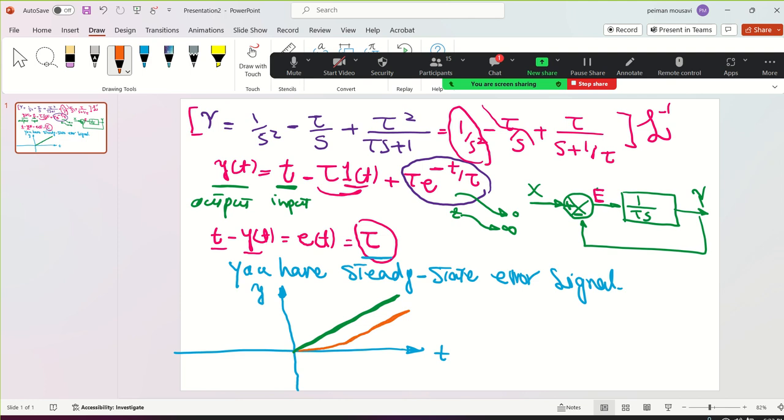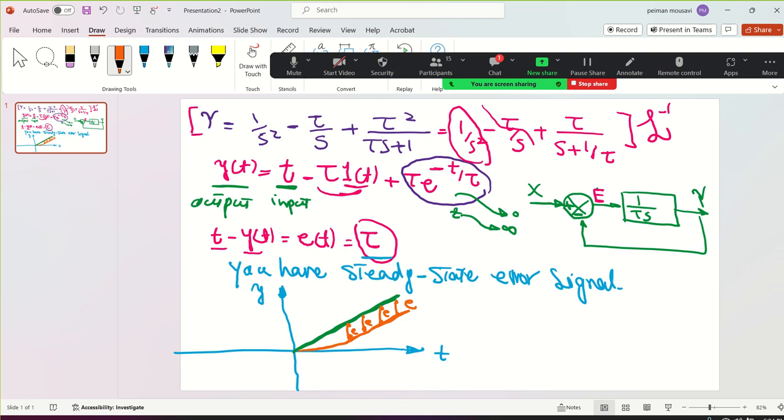Here we go. Here is a constant error signal. Here is tau, here is tau, here is tau, here is tau. This is the error signal, e, e, e, e. You see what I'm saying? Following me, everybody?